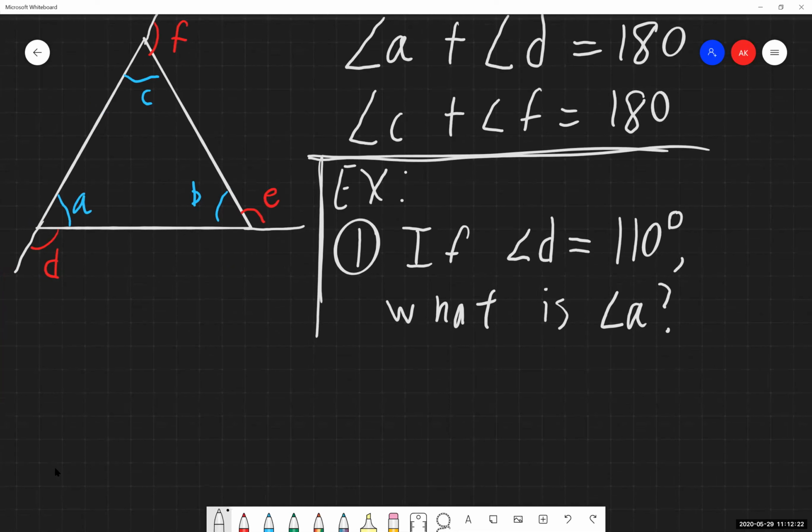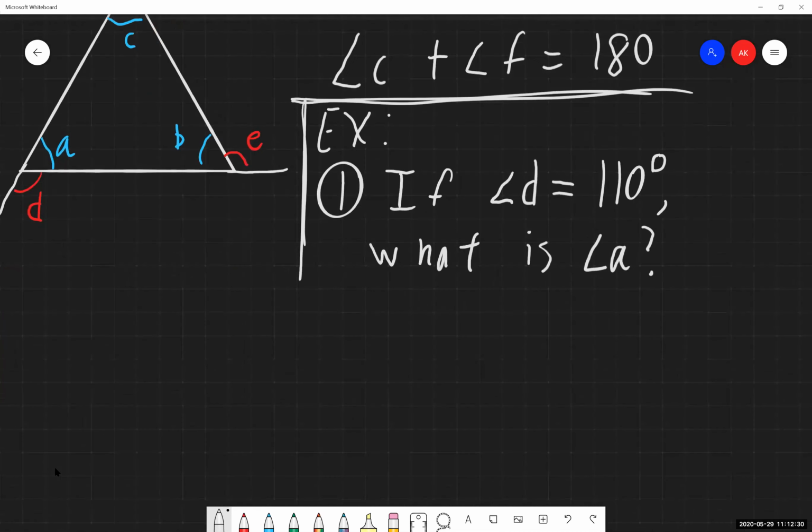And again, in this instance, we know that angle A and angle D are supplementary. They add together to give me 180 degrees. So we can start with our general formula, our general equation. We know that these two add to give us 180.